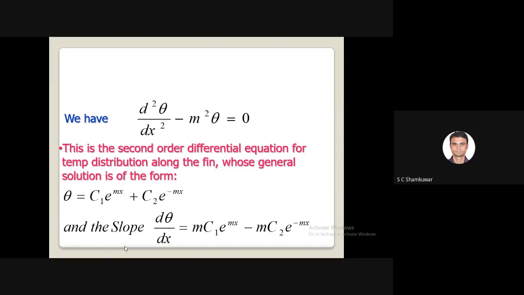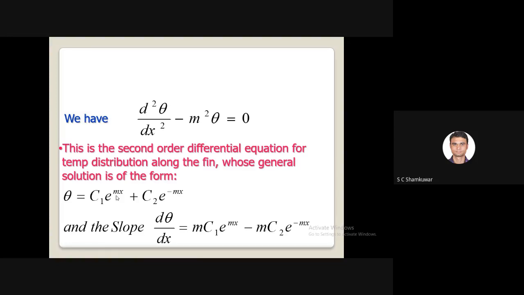Again, if you want the slope of the temperature distribution, d theta by dx, then also just put the value of x, you will get the slope. Understood? Now remember these two equations. These two equations are very important, theta and d theta by dx.